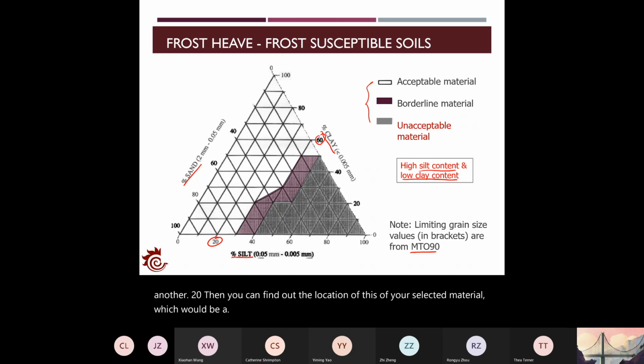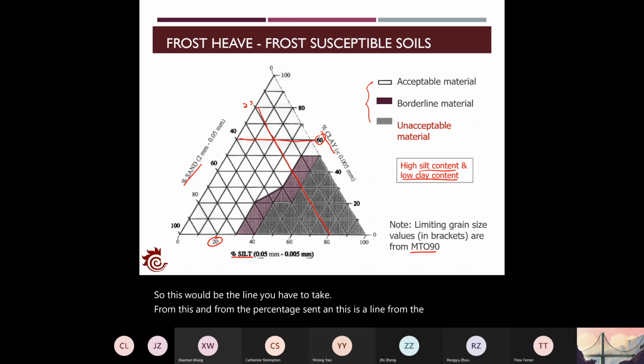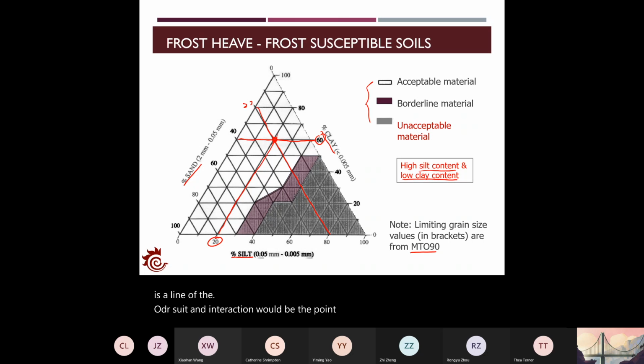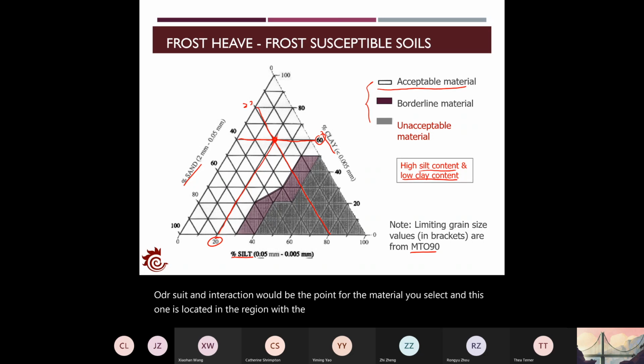This would be the line you have to take from the percentage of sand, and this is a line from the clay, and this is a line of the silt, and the intersection would be the point for the material you select. This one is located in the region with the white color, so it's an acceptable material.